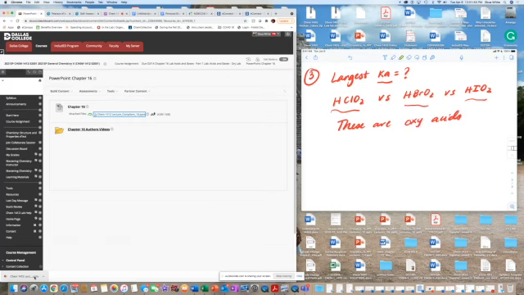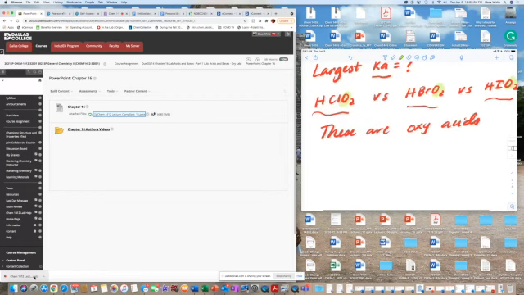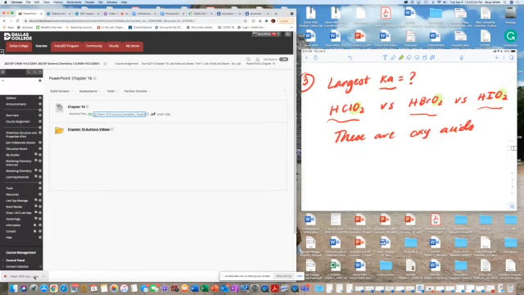How do I know that? They all have oxygens. And the difference in the acidity has nothing to do with the oxygens, because hopefully you can see they all have the same number of oxygens. The first one has two, the second one has two, the last one has two. That's not what's different. What about hydrogen? So I'll say here, let me list the things I observe.